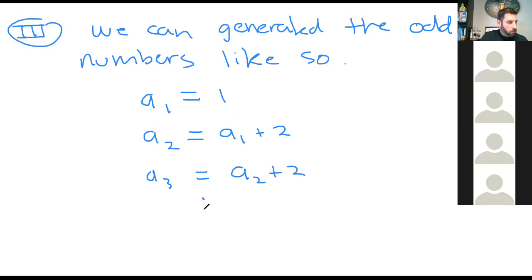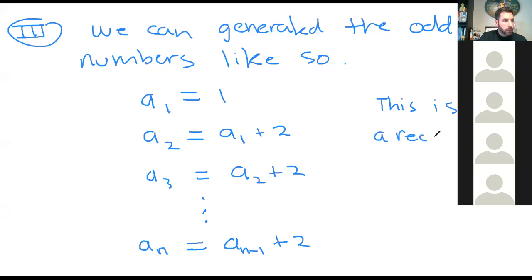So in general, we can say the nth term in a sequence is given by the previous term plus 2. So this is called a recurrence relation.